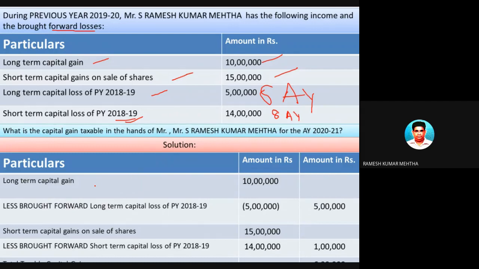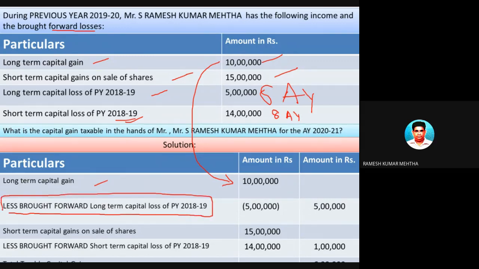So first one, long-term capital gain. Long-term capital gain is 10 lakh rupees. Let's bring forward the long-term capital loss of the previous year, 2018-19.